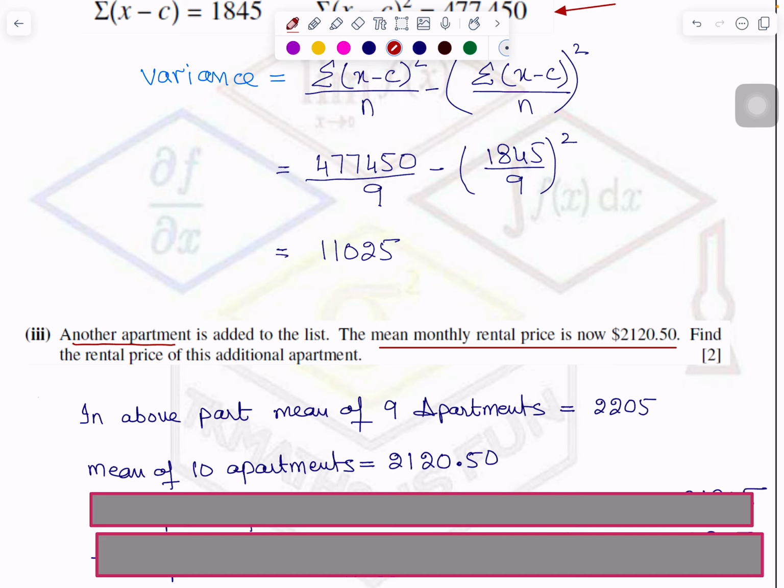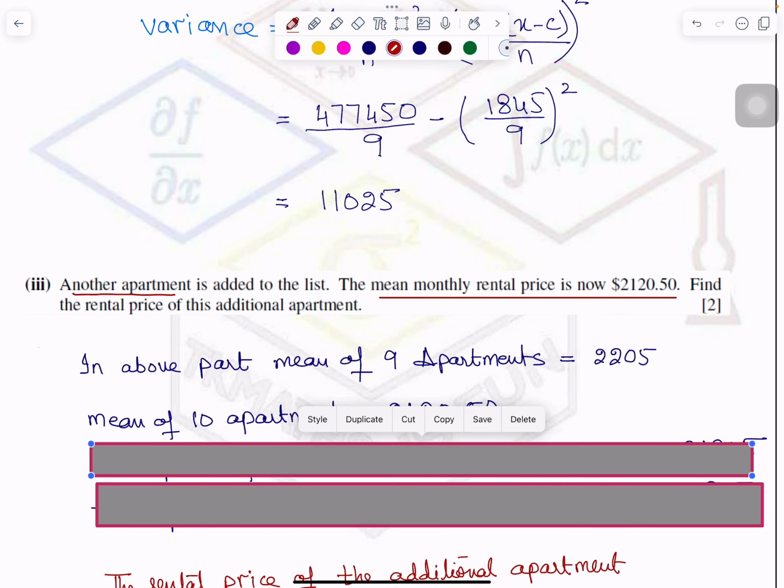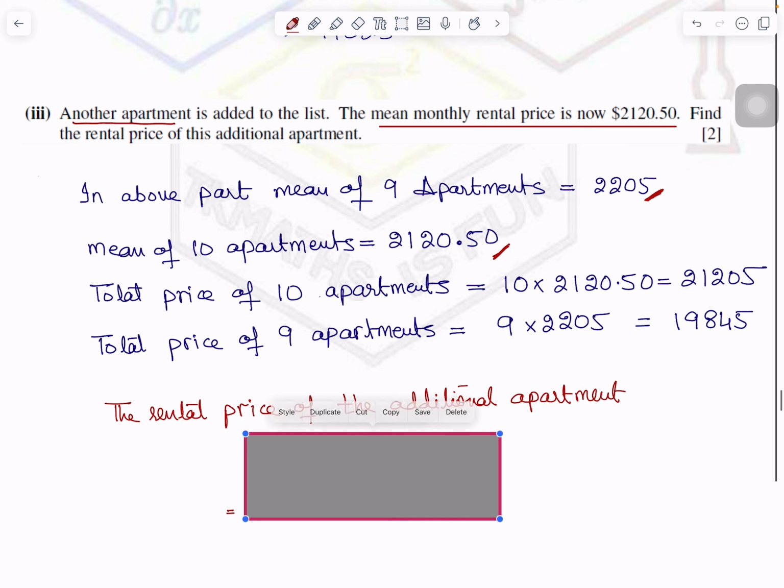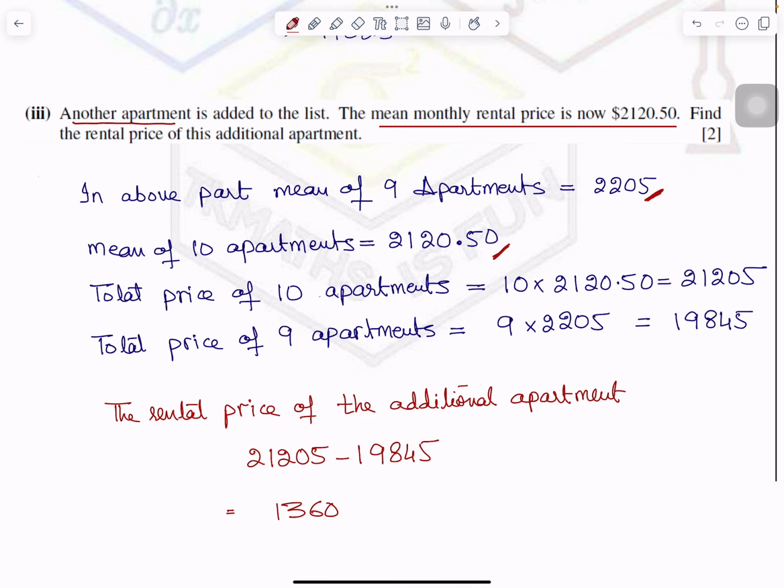So I can easily find the sum of the rental of 9 apartments and the sum of the rental of 10 apartments. I will simply multiply 2,205 by 9 to get the sum of the rental of the 9 apartments, and multiply this by 10 to get the sum of the rental of 10 apartments. So to find the rental of the last apartment which is added, what will I do? Simple subtraction. Absolutely right.